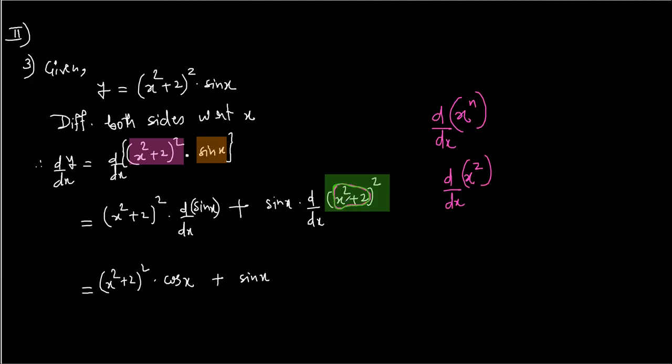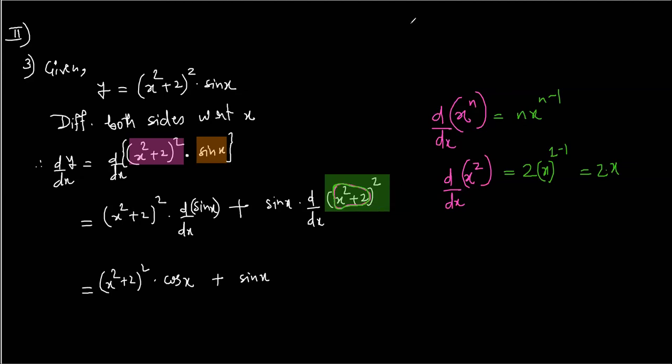When you have x square, it is exactly in the form x raised to n, and the derivative is nx raised to n minus 1. This would have been 2x raised to 2 minus 1, that is 2 times x. So I cannot apply this result here.